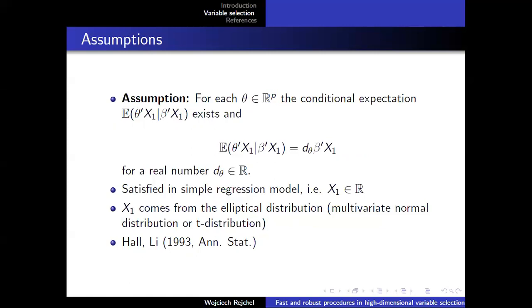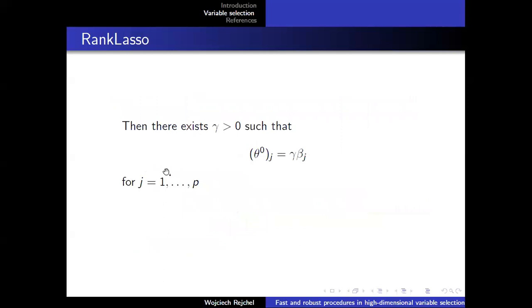Okay, and if we have these three conditions, then we can prove that there exist some positive numbers such that on each coordinate, the true parameter is proportional to the parameter that we estimate, which means that the sets of non-zero coordinates of beta and the parameter theta 0 are the same.